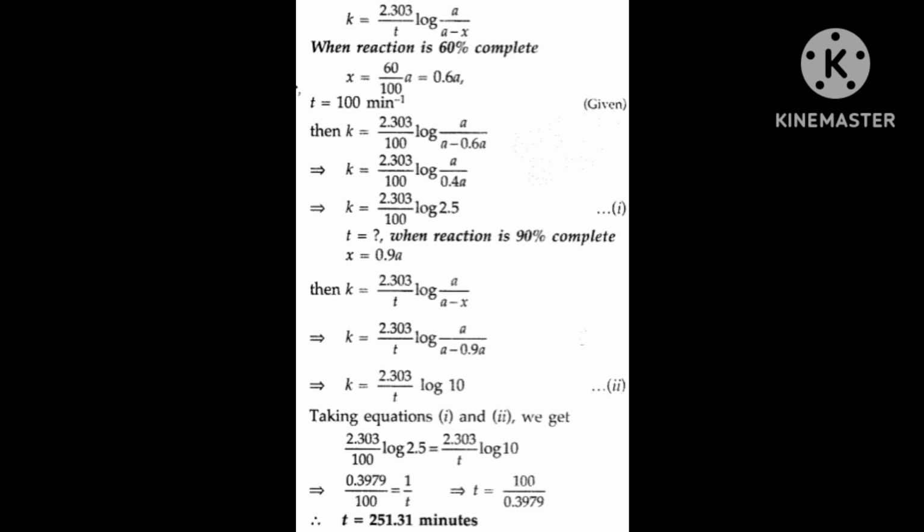Radium gives helium plus radon, two products. Radium 88, 226 gives helium with atomic number 2 and mass number 4, and radon with atomic number 86 and mass number 222.